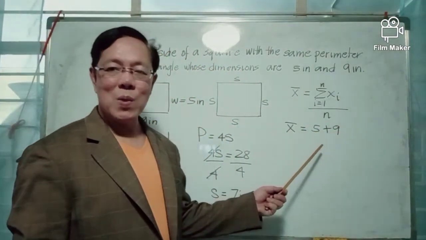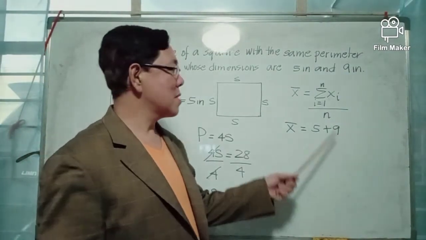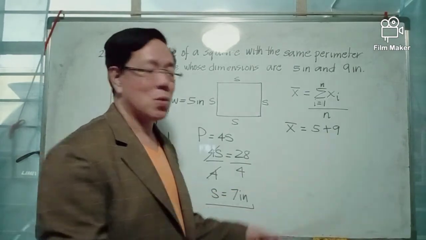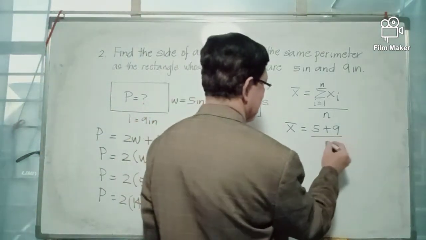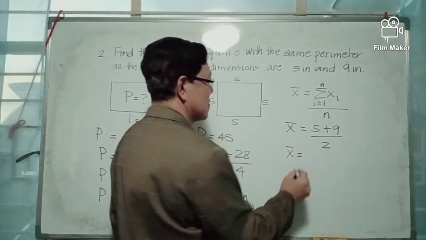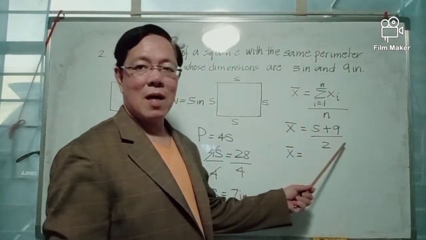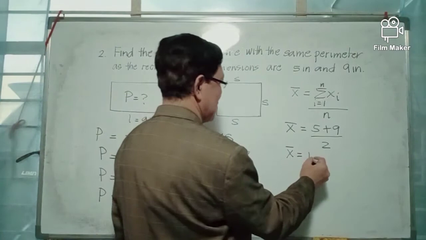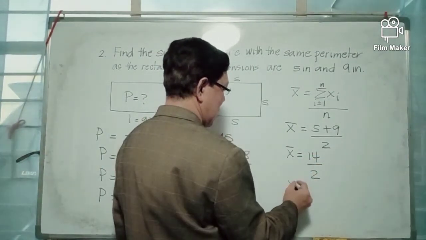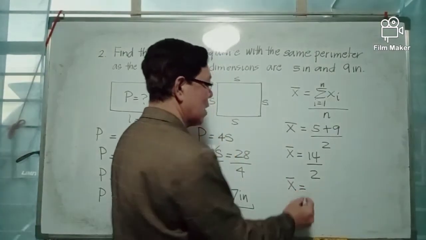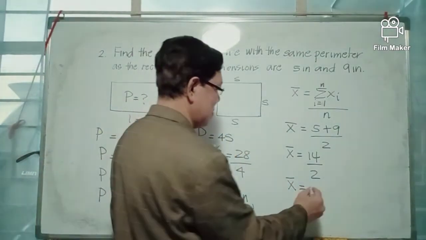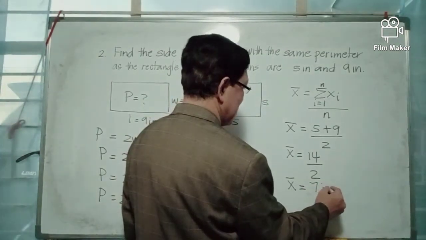Since we have only added two values, the dimensions of the rectangle, we divide the sum by 2. And x bar equals 5 plus 9 is 14. Divide by 2. And x bar equals 14 divided by 2 is 7. 7 inches.